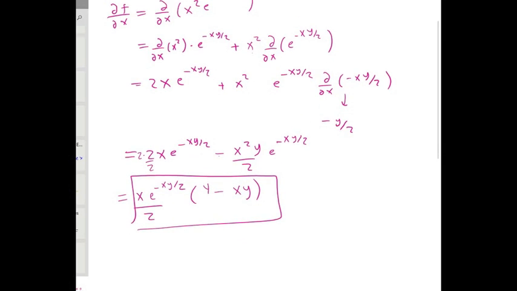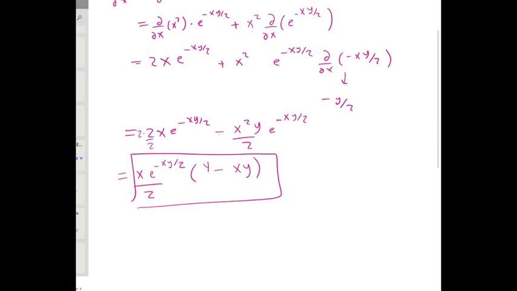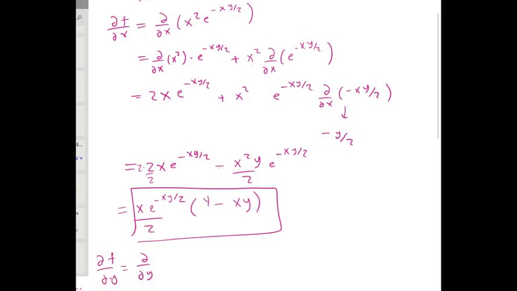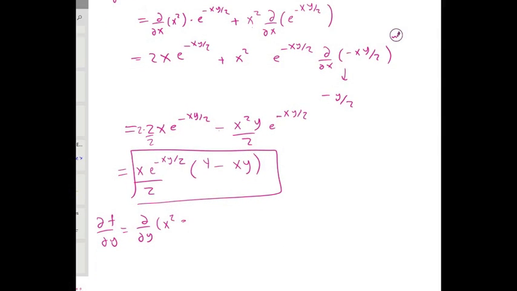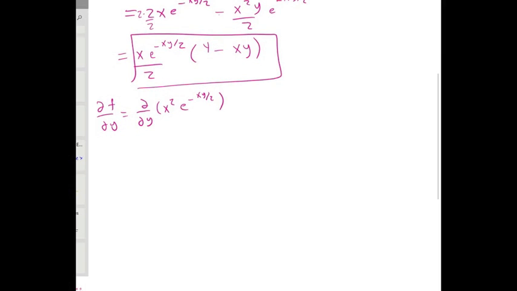And for df dy, we're taking the y derivative of this. And this would be easier because we only have one function of y. x squared is just a constant in this case, so we pull that out. We're taking the partial derivative with respect to y of e to the negative xy over 2.